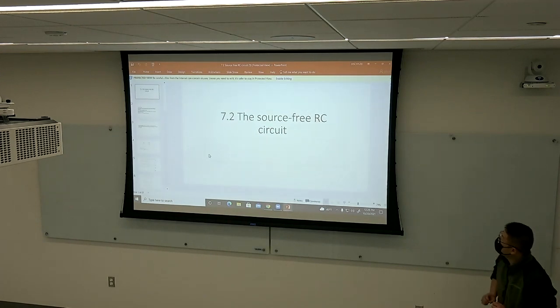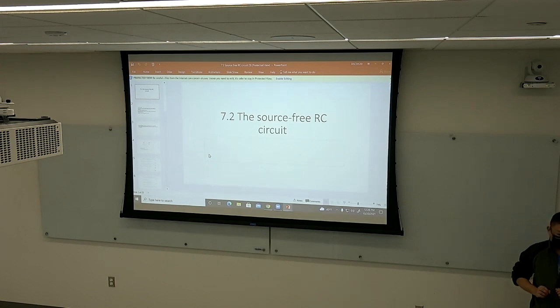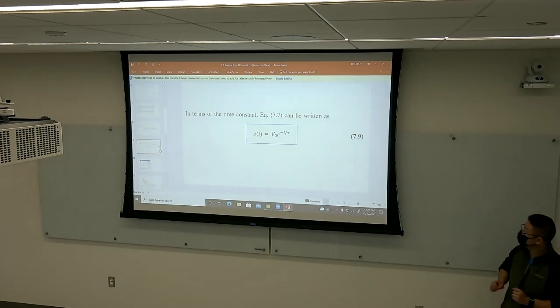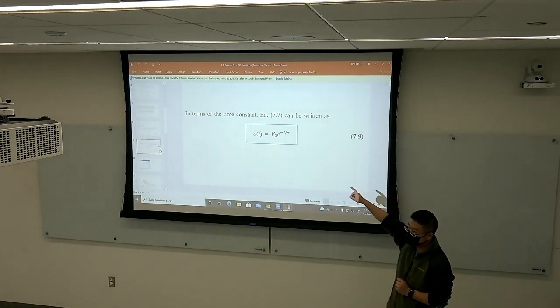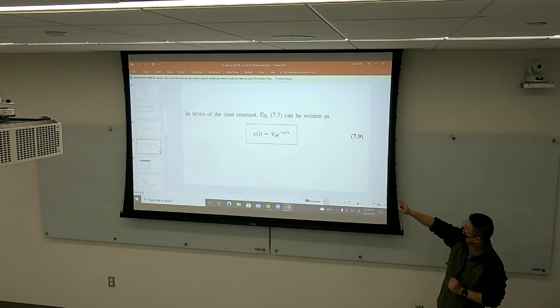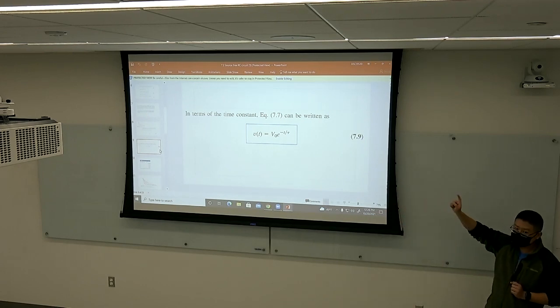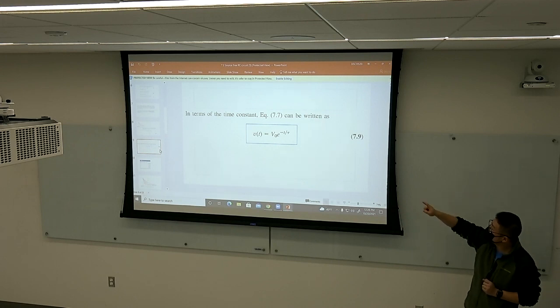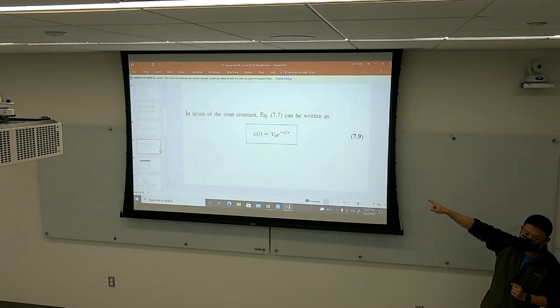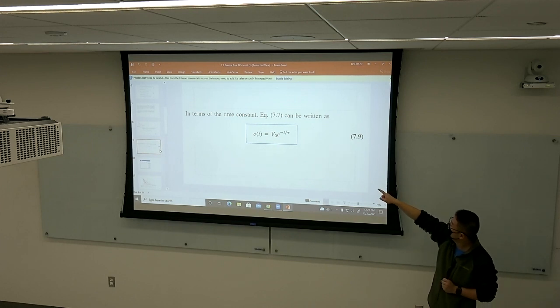So we talked about the source-free RC circuit on Wednesday, right? Do you remember how to solve this type of circuit? We have this equation: the capacitor voltage equals V0, the initial voltage of the capacitor, times e to the negative t over tau.